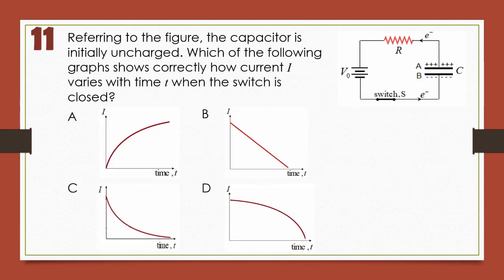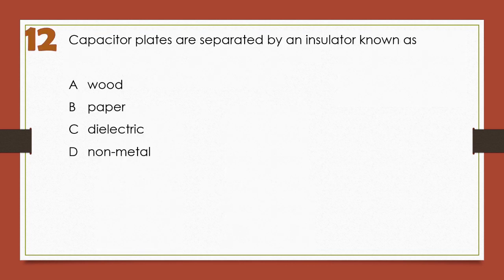For question number 11, referring to the figure, the capacitor is initially uncharged. Which of the following graph shows correctly how current I varies with time when the switch is closed? Question number 12. Capacitor plates are separated by an insulator known as?